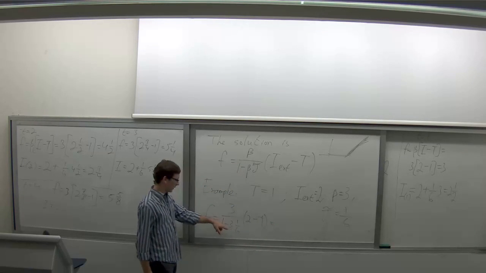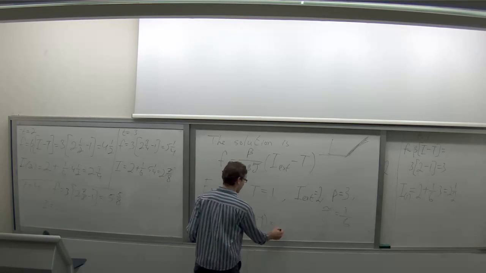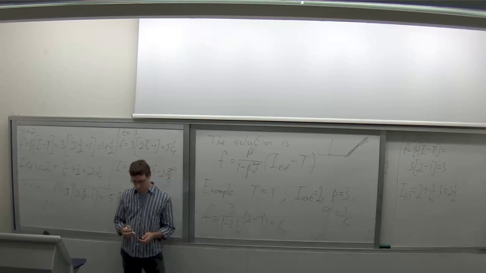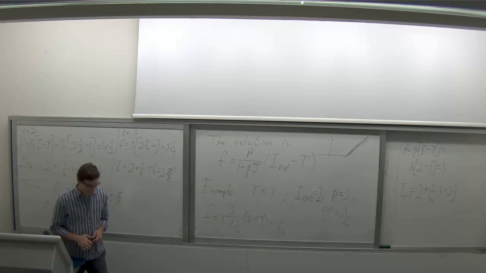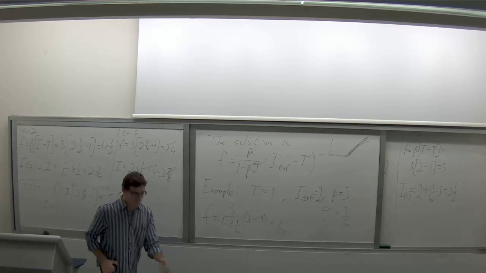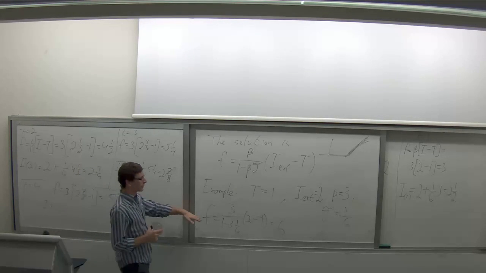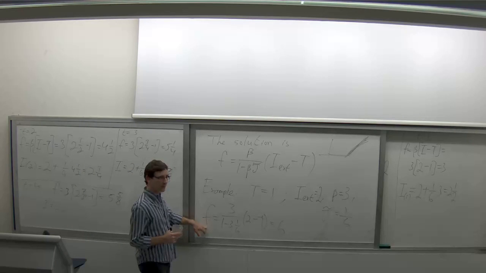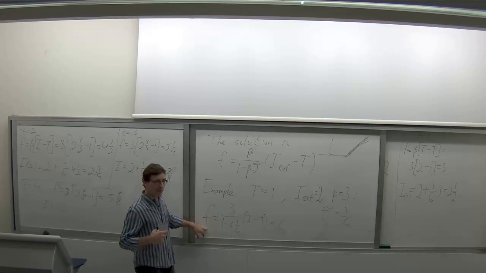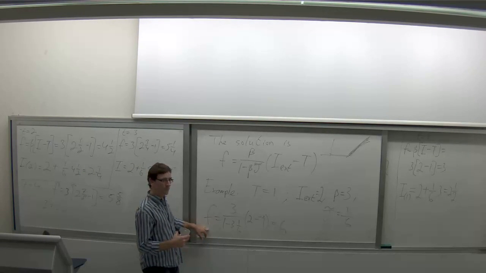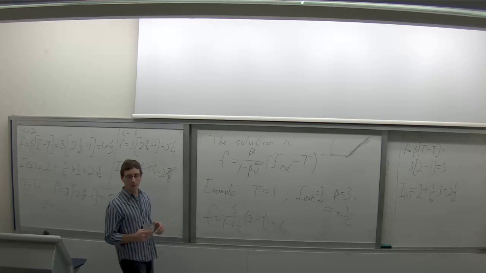Yeah? This is half, this is 6. So the steady state is 6. So at the moment, this is what the network is going to be as t goes to infinity.